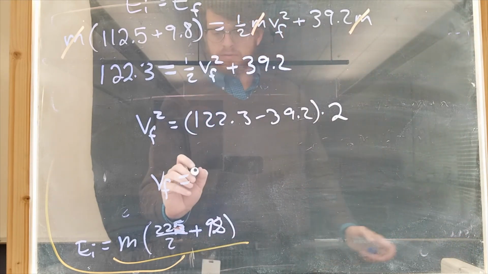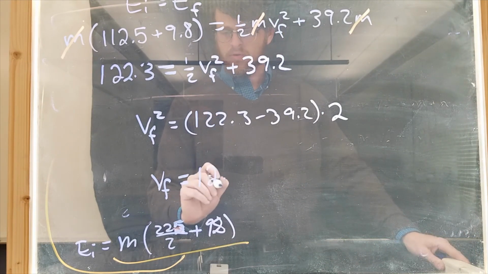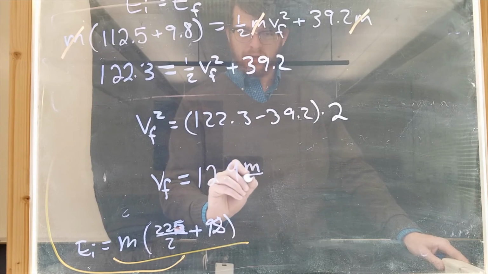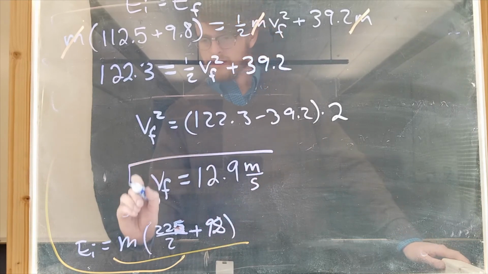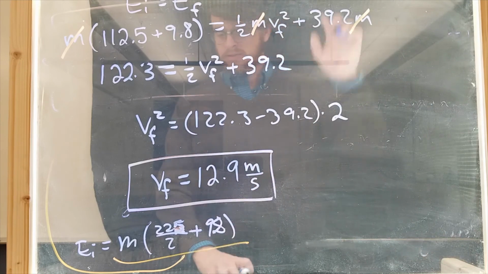So v final equals 12.9 meters per second. And we did that without needing to take any components.